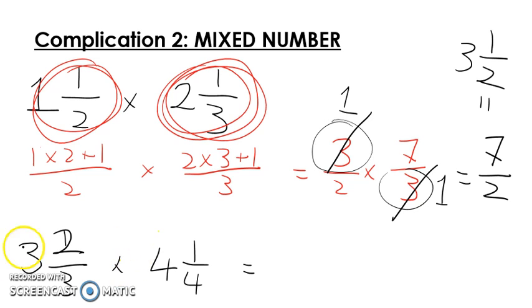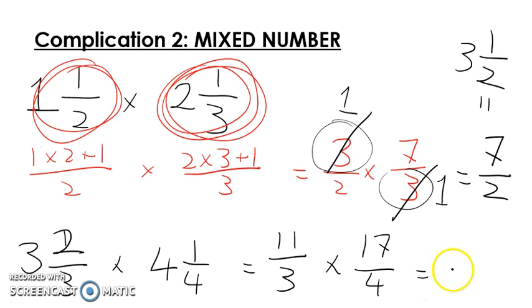Change them into improper fraction form. We would get 11 over 3 times by 17 over 4. The last example I give you is pretty long, so if we do 17 times by 11, by the way, you don't have to do that complicated multiplication.